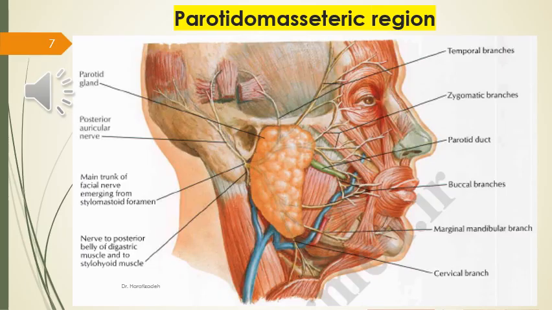In the thickness of the parotid gland, we have very important structures, for example, facial nerve, external carotid artery, and retromandibular vein. These structures are in the thickness of the parotid gland.